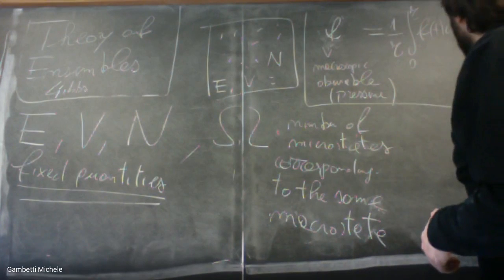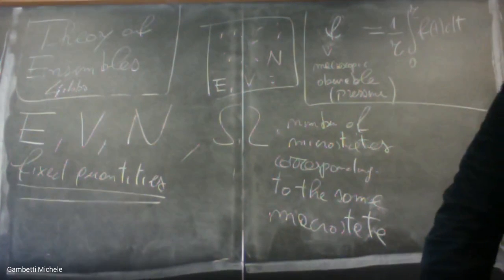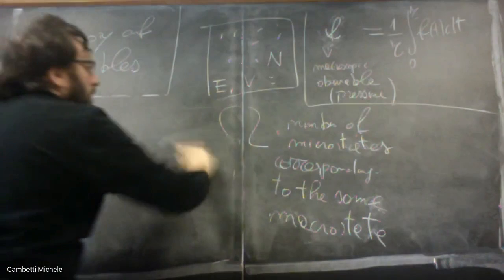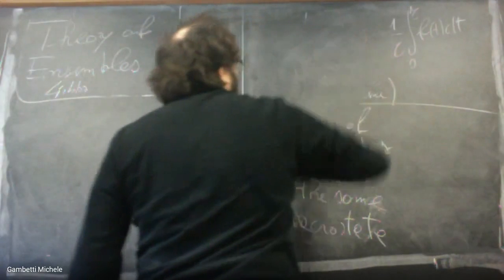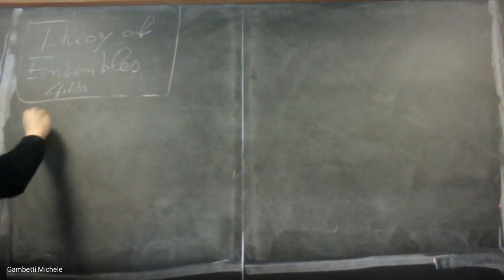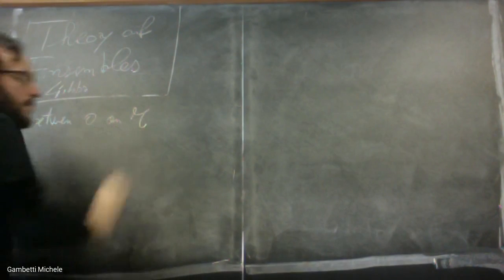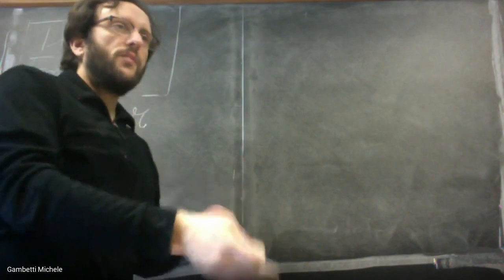Now, what is the idea of Gibbs, or ensemble theory? Basically, during this time tau, between 0 and tau, the system will evolve, jumping from one microstate to another microstate.